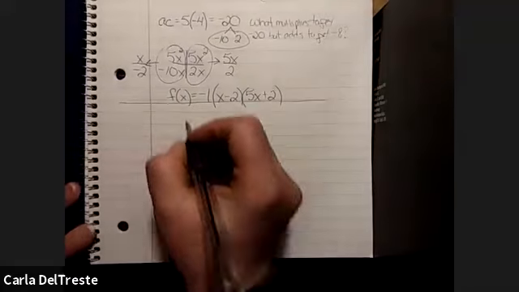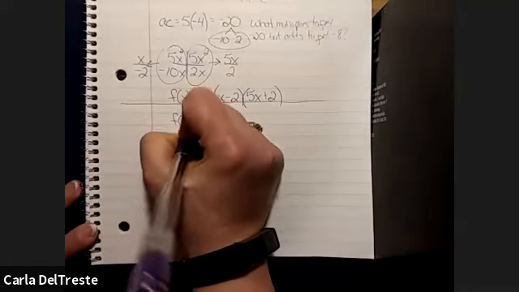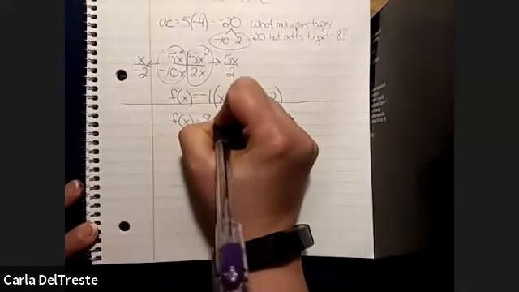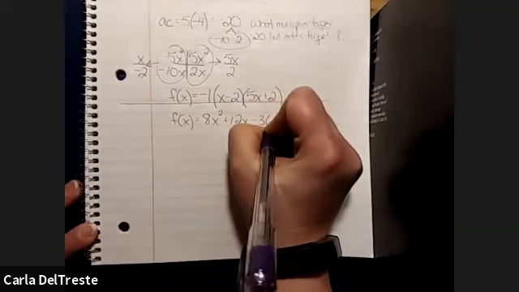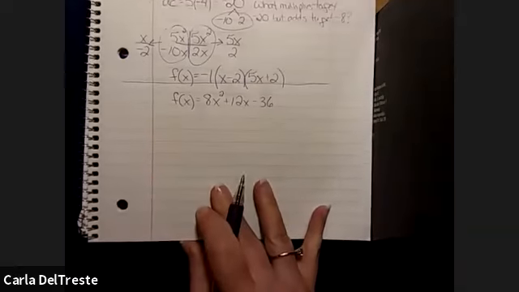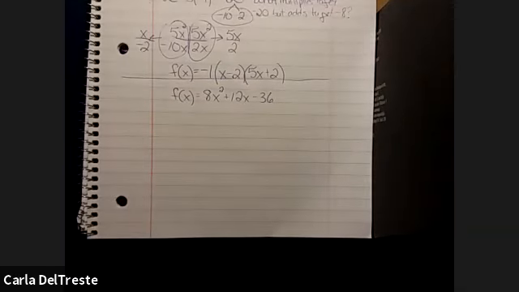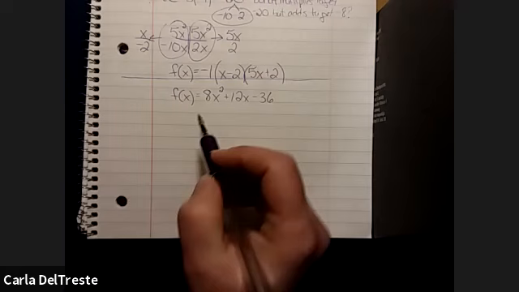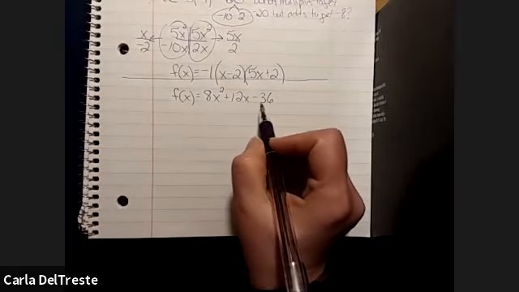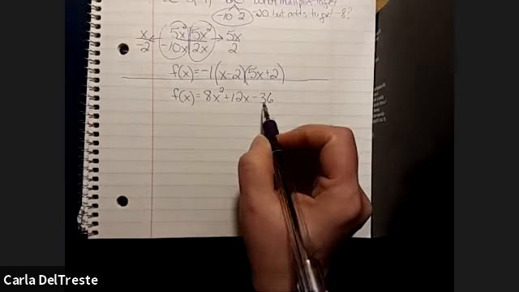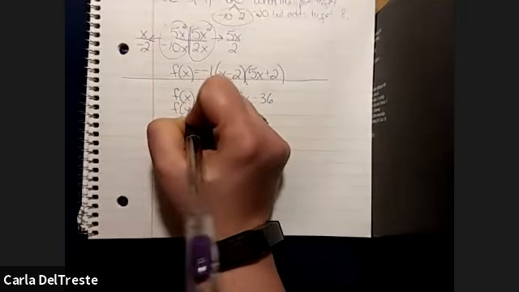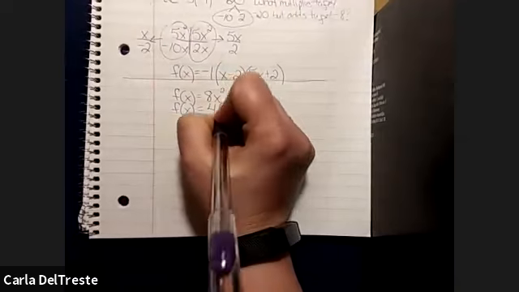Now I have the function f of x equals 8x squared plus 12x minus 36. First, I look for a GCF. I have 8x squared plus 12x minus 36. They're all divisible by 4. So I'm going to take out a 4 to start.